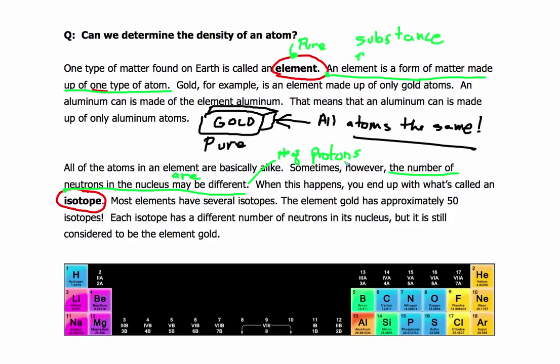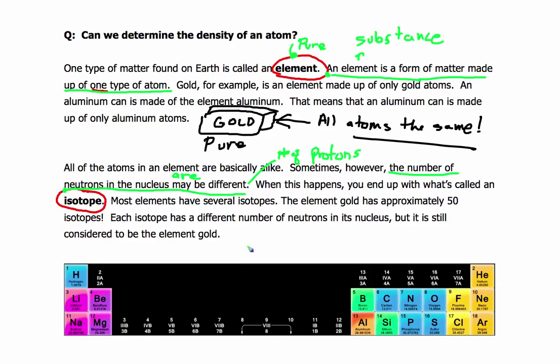So when this happens, you end up with what's called an isotope. An isotope is an atom that has a different number of neutrons than it has protons. An atom of a pure element is going to have the same number of protons as it has neutrons. And in a pure element, all of the atoms are going to be identical. They're going to be exactly the same.